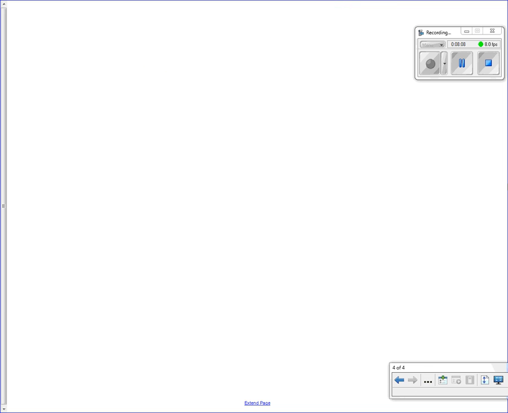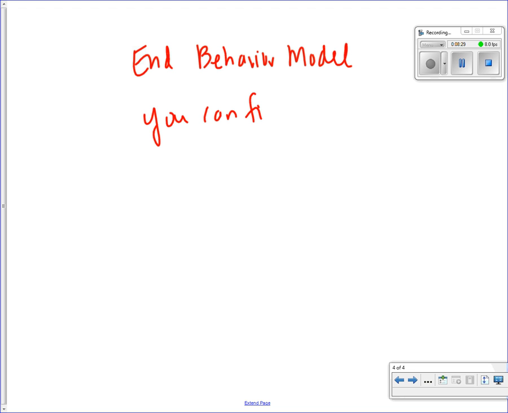The last thing we're going to put in our notes is something called an end behavior model. If you have a really complicated function, what you can do is find a simple function that has the same end behavior.